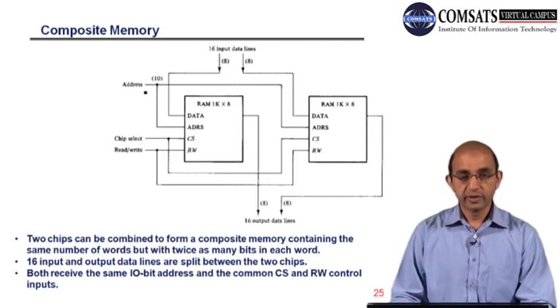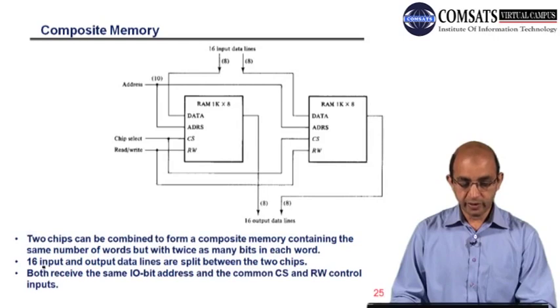So we have cascaded them. This is the address, and again here the address. This is the chip select, and this is the read write. This is the data out, and this is the data input. So we have constructed a composite memory by cascading those different memory blocks.